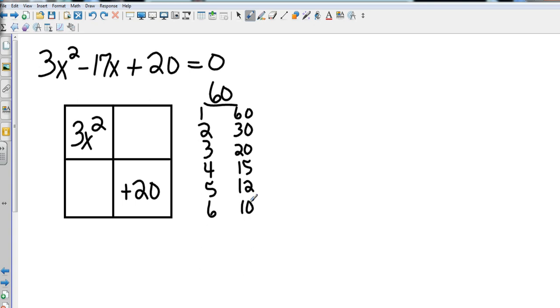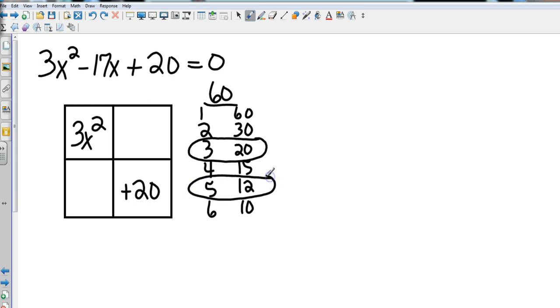So we're going to look at the 20 and the 3. How can I combine 20 and 3 to get 17? Well, it would have to be 20 minus 3. So what's 20 times negative 3? That's going to give me a negative 60. So that's not going to help out. I need it to be positive. So just like I talked about before, maybe we have another one that works.